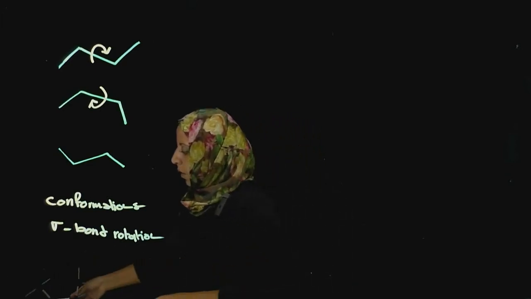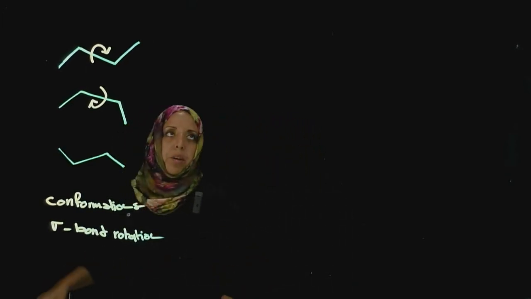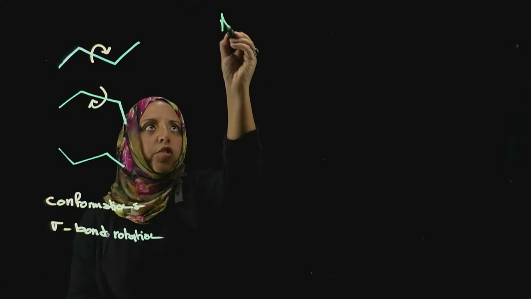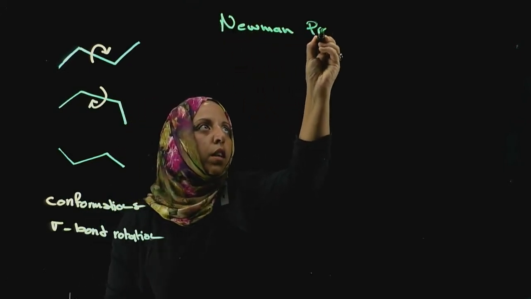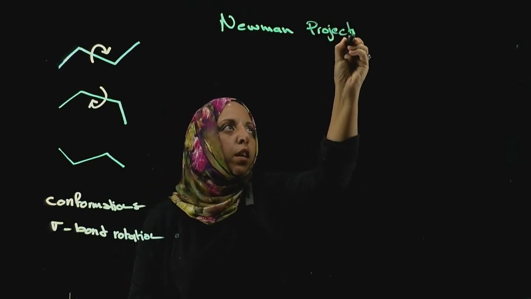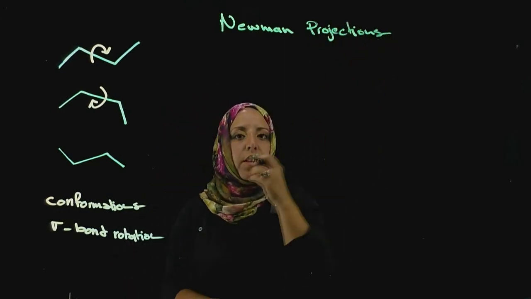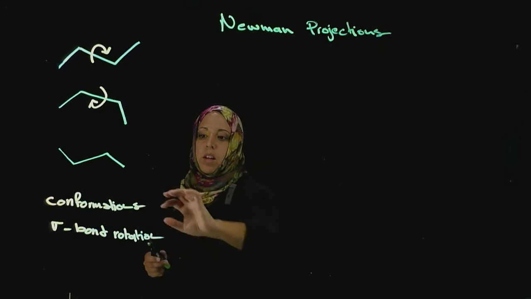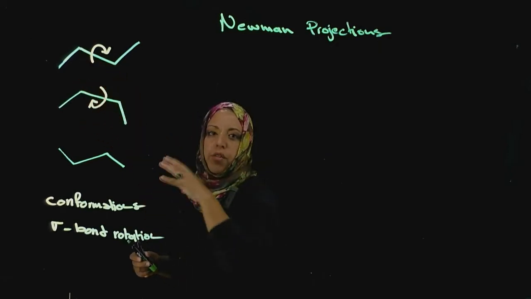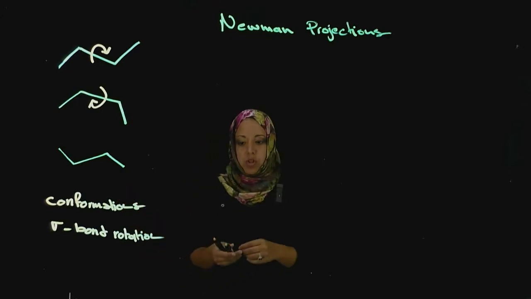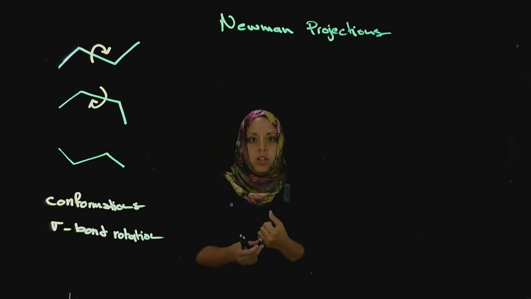All right, so we're going to talk about what we call Newman projections. Newman projections allow us to see the different conformations across a carbon-carbon bond, whichever carbon-carbon bond we may be interested in within that particular molecule.